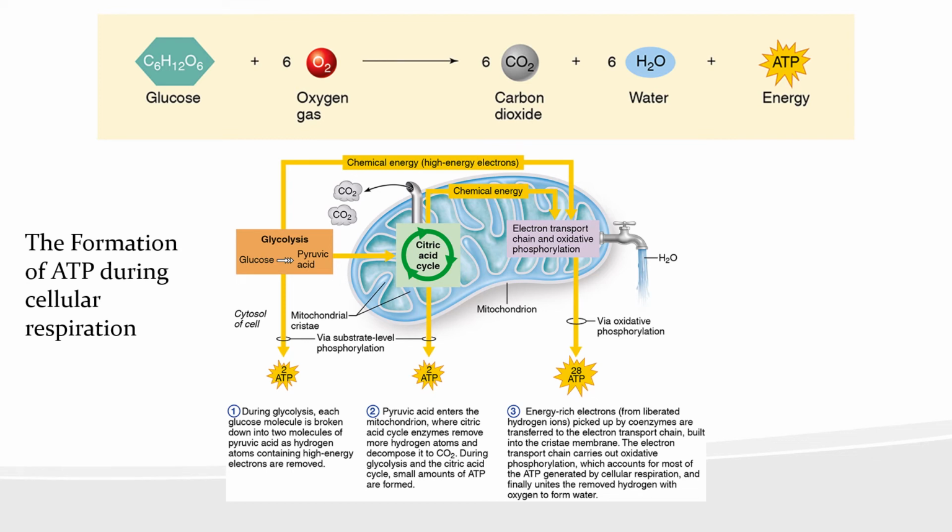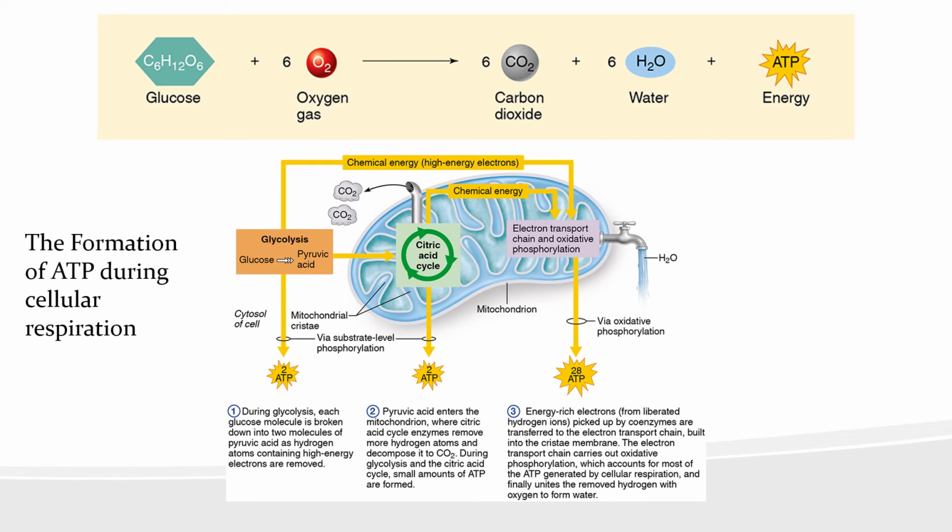Step 2, pyruvic acid enters mitochondria, where citric acid cycle enzymes remove more hydrogen atoms and decompose it to carbon dioxide. During glycolysis and the citric acid cycle, small amounts of ATP are formed.